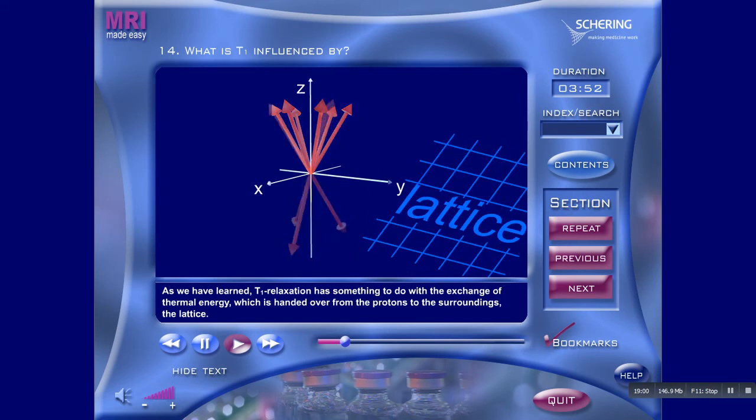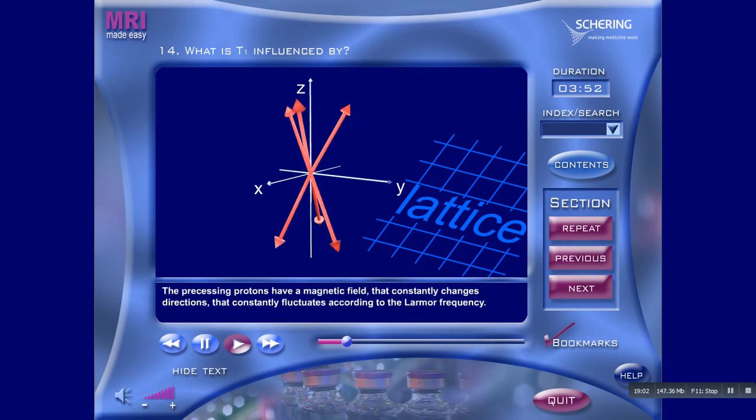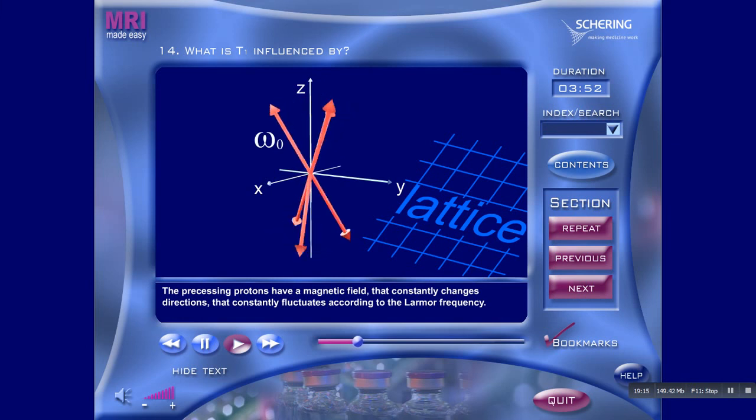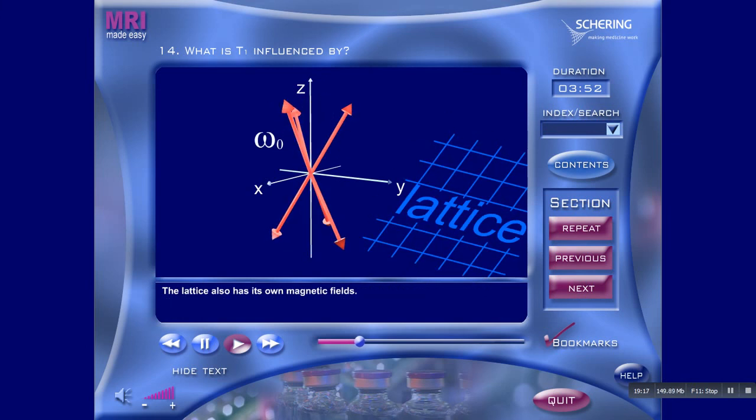The precessing protons have a magnetic field that constantly changes directions, that constantly fluctuates according to the Larmor frequency. The lattice also has its own magnetic fields. The protons now want to hand energy over to the lattice to relax.